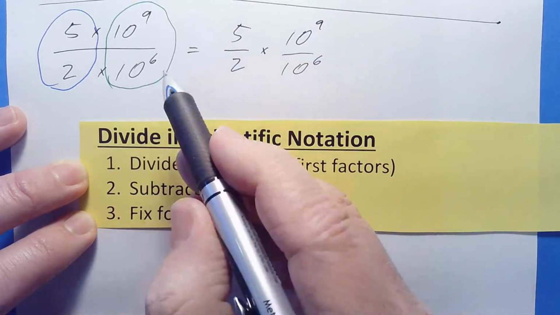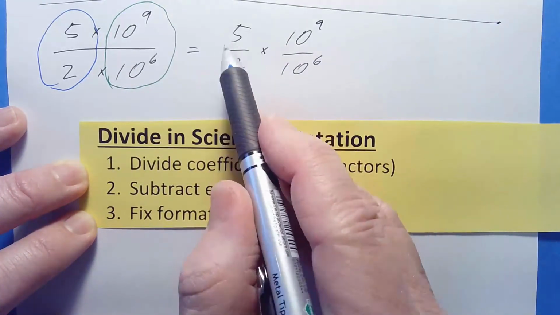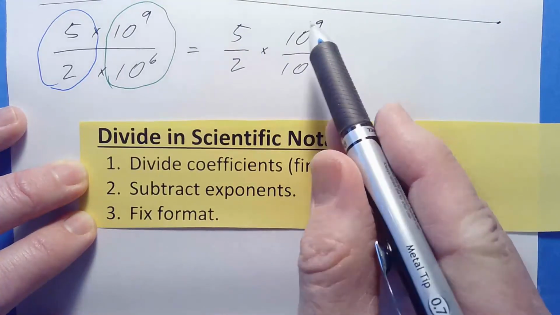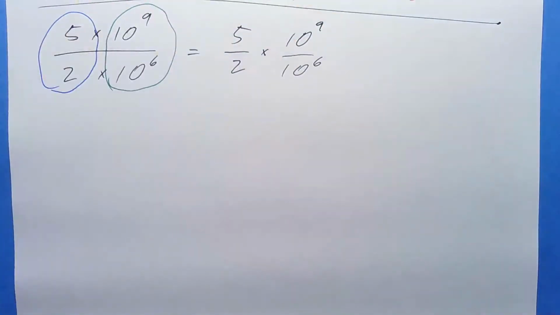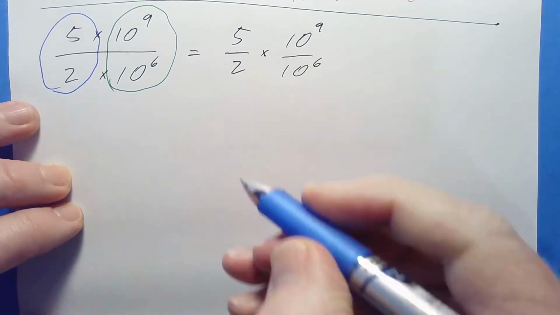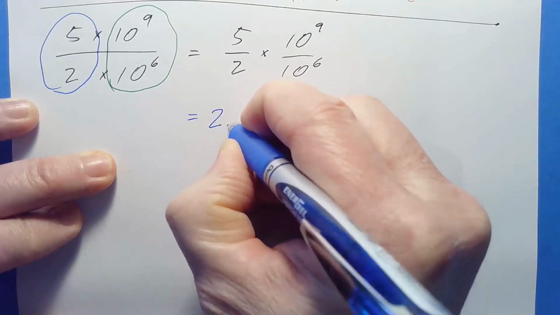In other words, I've just rearranged this a little bit, but as you can see, I'm going to focus on the coefficients, the first factors, and then I'm going to focus on the powers of 10. So let's now work that out. If I've got 5 divided by 2, well, 5 divided by 2 is just 2.5.